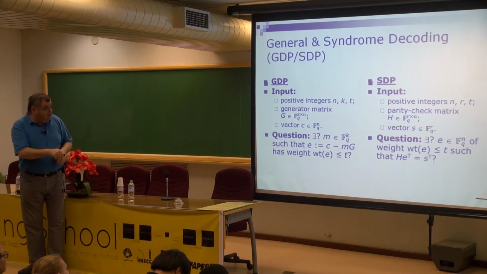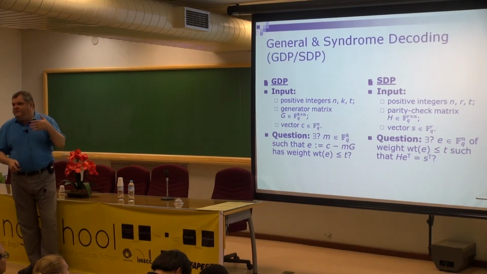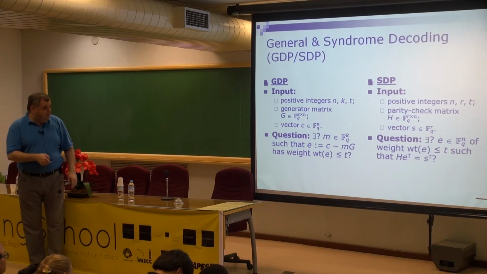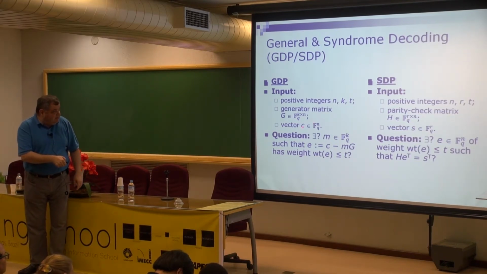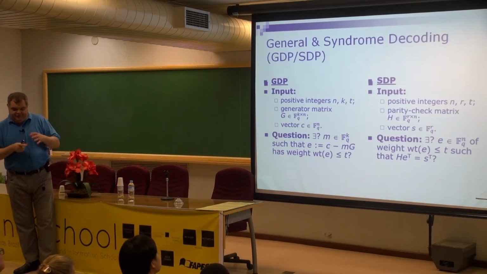We are given the generator matrix G, the code length N, the dimension K, and a bound T for the number of errors. And here we are given a certain vector C, in the containing vector space.